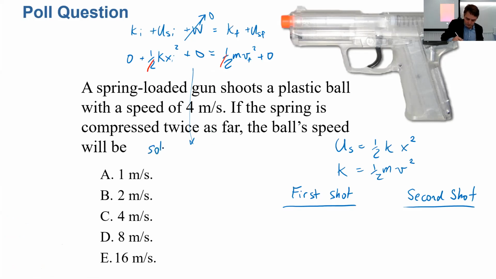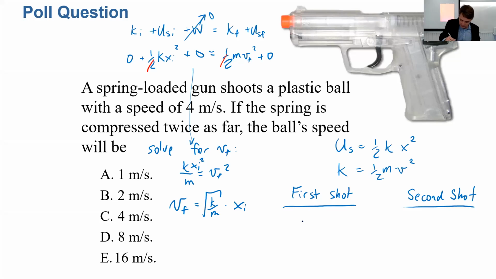Solve for v final. So what's it going to be? You're going to have k divided by m times x initial squared is equal to v final squared. So v final is equal to the square root of k over m times x initial.